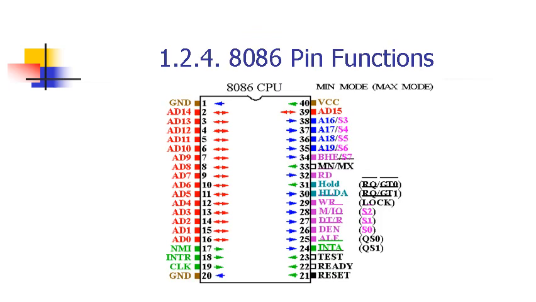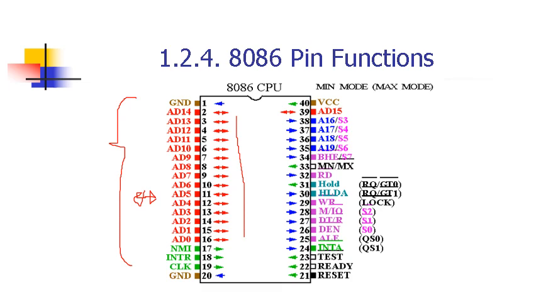Here again is your 8086 microprocessor, where the red color indicates the pins that can bring in data to your processor or send out data. So your multiplexed address and data pins can send out data if they send an address, or bring in data if they bring in data.